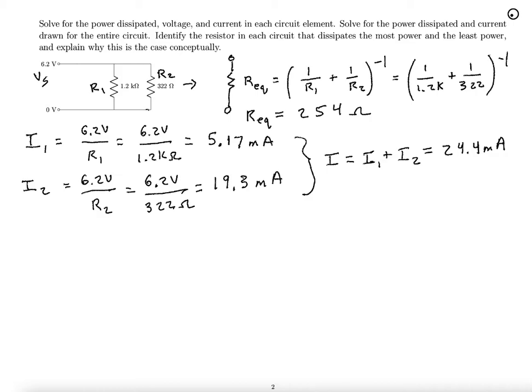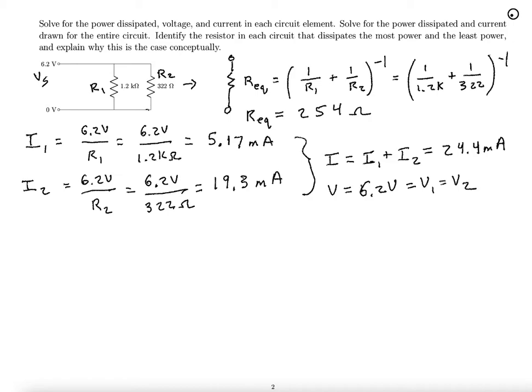So we have the voltage already automatically. The voltage across the circuit is the supply voltage, which is 6.2 volts, and that's equal to V1 and is also equal to V2. So it's going to be pretty straightforward.